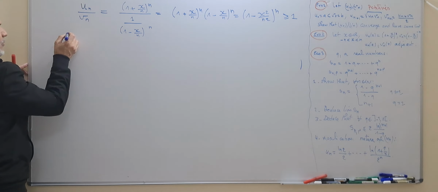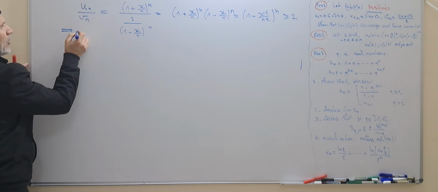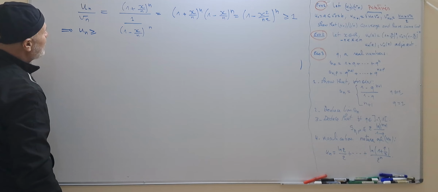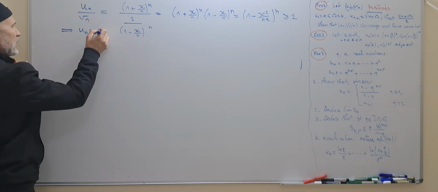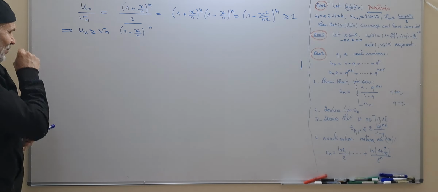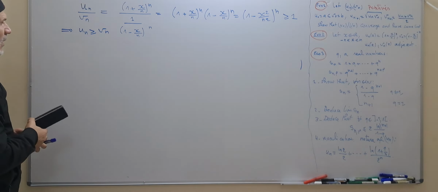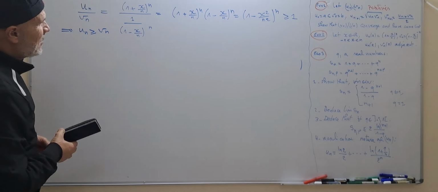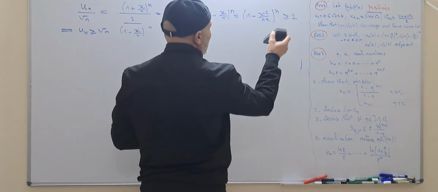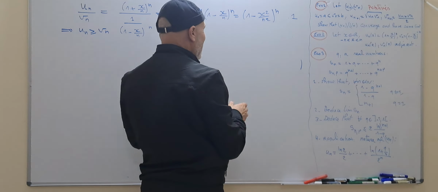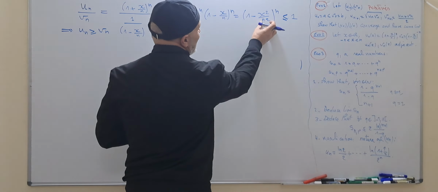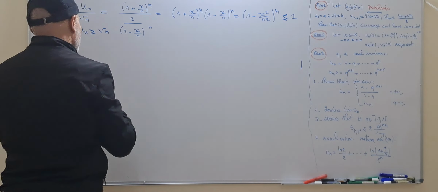Since x squared over n squared is between 0 and 1, this is less than or equal to 1.